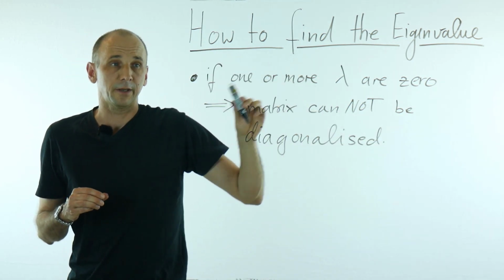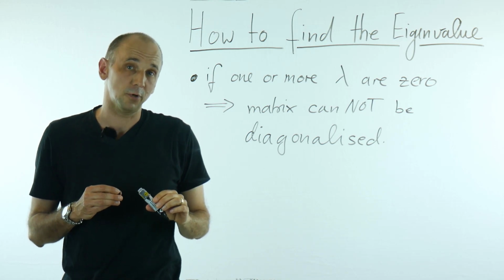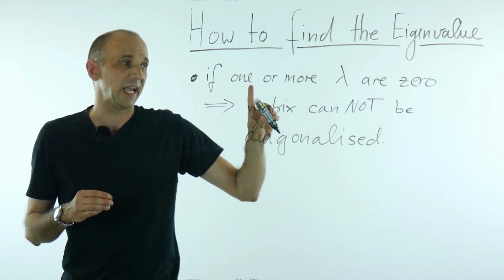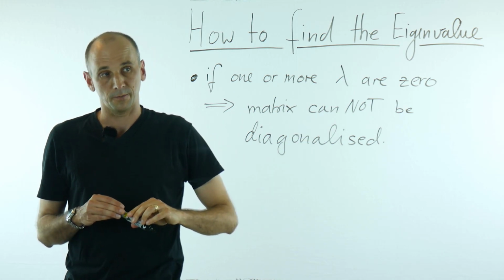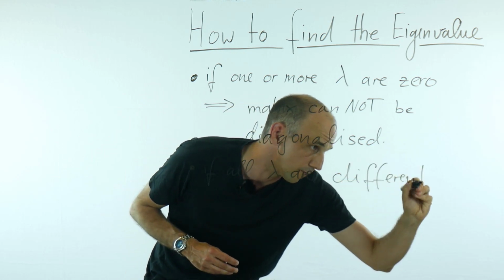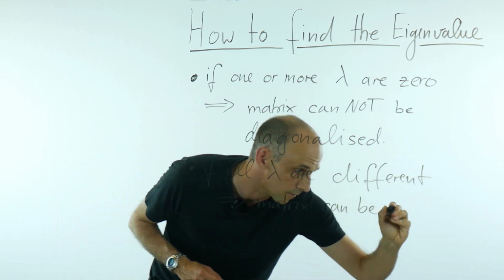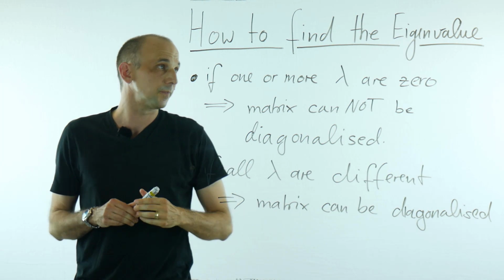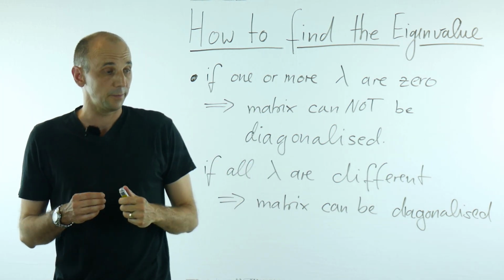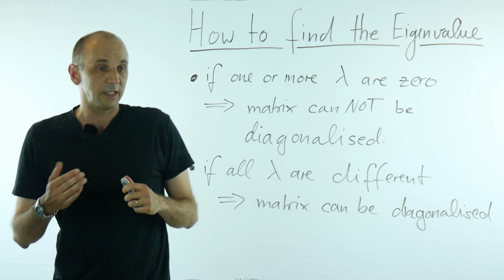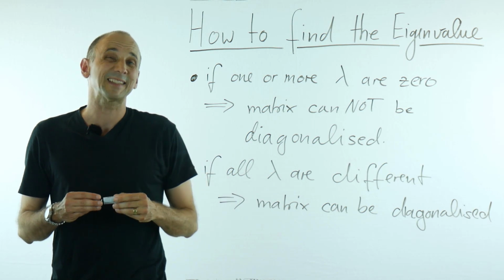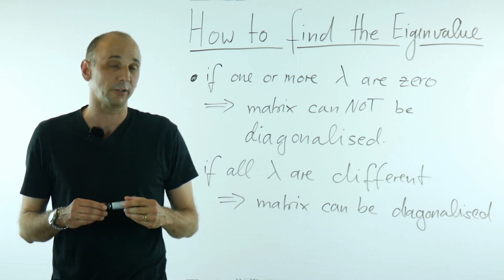If we find an eigenvalue of 0 or more than one eigenvalue equal to 0, then the matrix cannot be diagonalized. If all eigenvalues are different, if we only have single solutions or pairs of complex conjugates, then the matrix can be brought into a diagonal form.